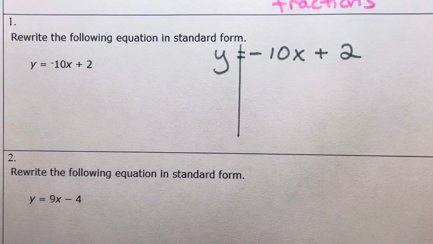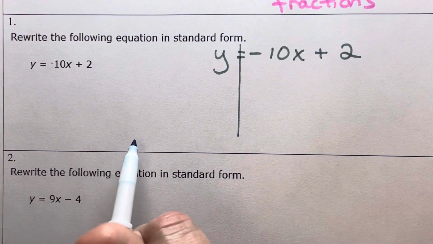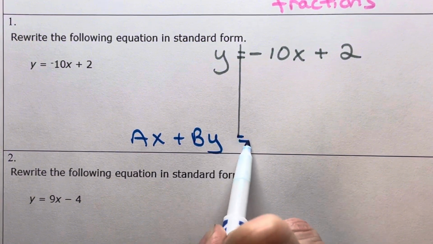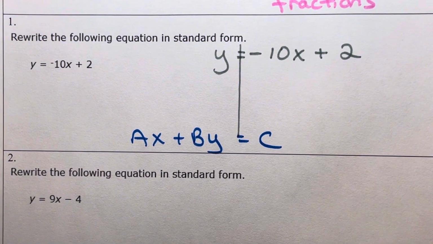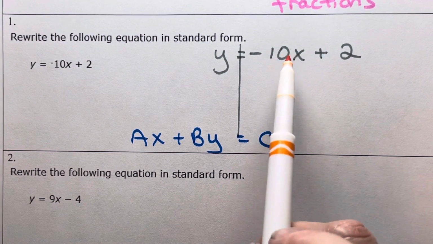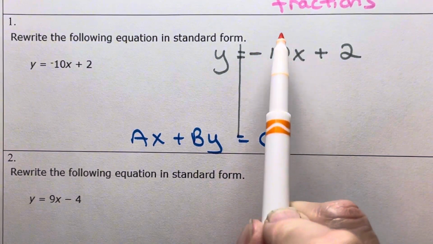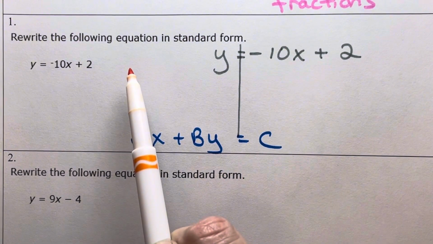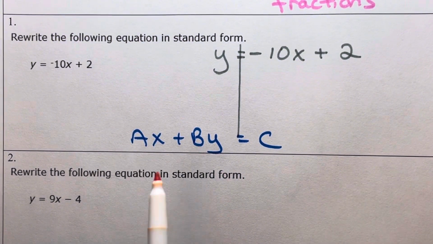So we know that our end game goal is to have an equation that looks like ax plus by equals c, which means that this x term that's here on the right has to move to the left and be on the same side of the equation as the y.